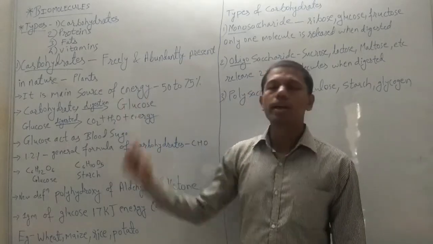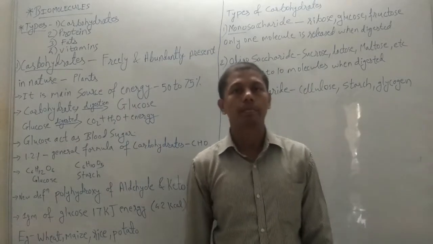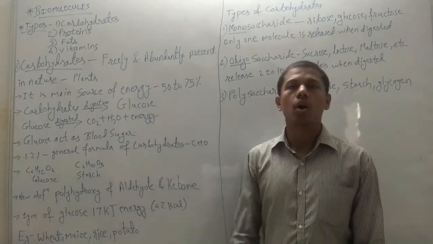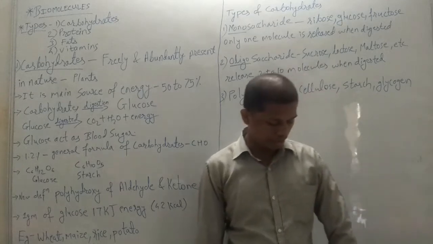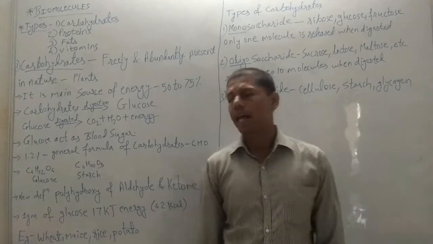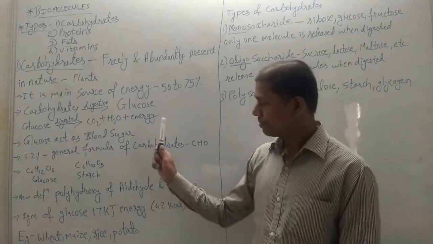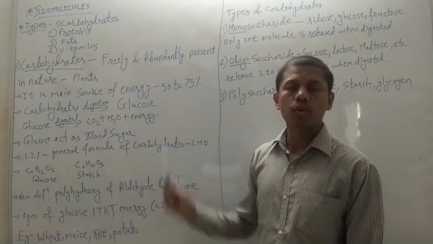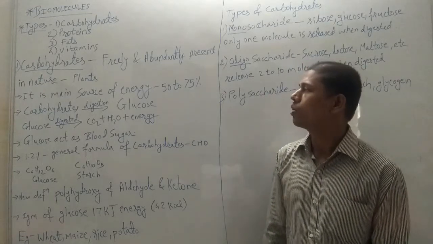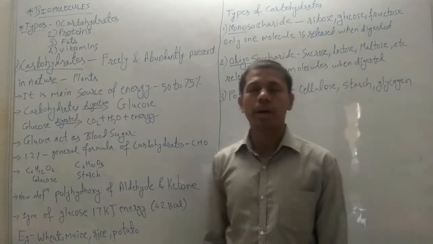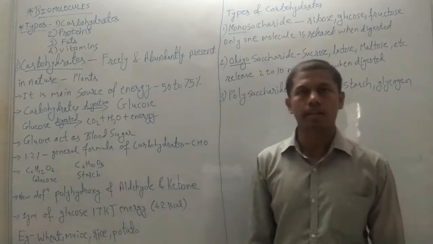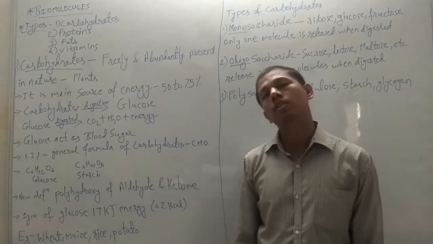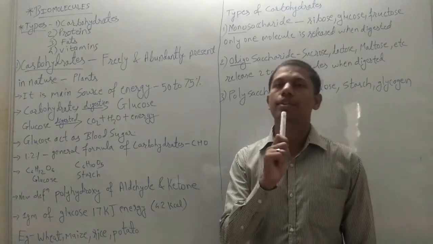So carbohydrate acts as the main energy source, which contributes 50 to 75% of the total energy. You can imagine that this is the major part contributed by plants, providing energy to the living organism in the form of ATP, adenosine triphosphate, which is produced when there is a breakdown of glucose.